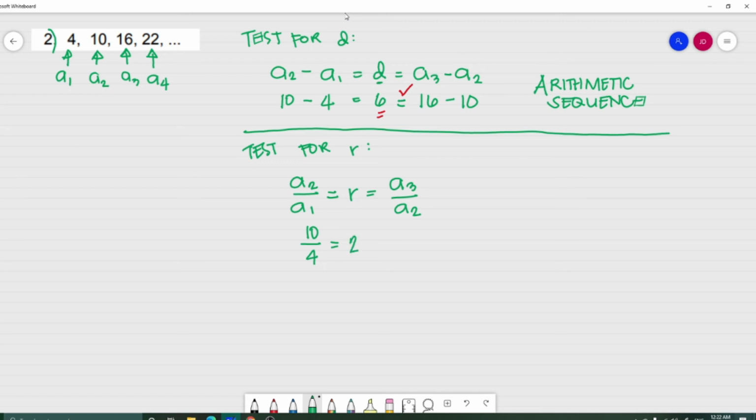Pilay sobra? Duha gyapon. Okay. Let's check kung parehas ba siya sa 16 over 10. Pila ka 10 sa 16? Isa. Diha pa lang daan, wrong na siya. So, therefore, this is not equal. So, you can conclude that it is not geometric.